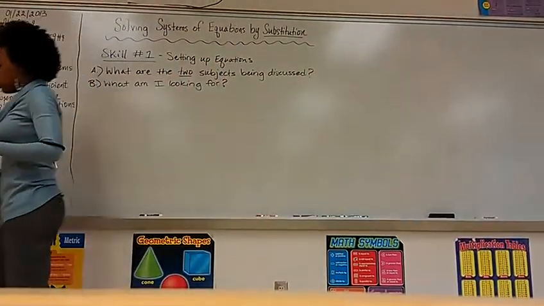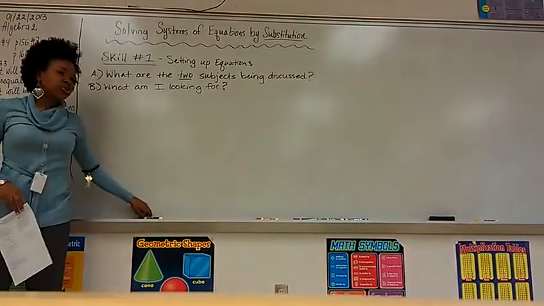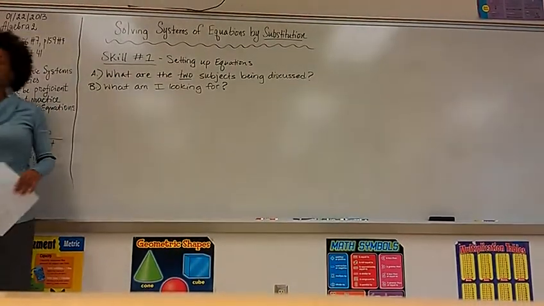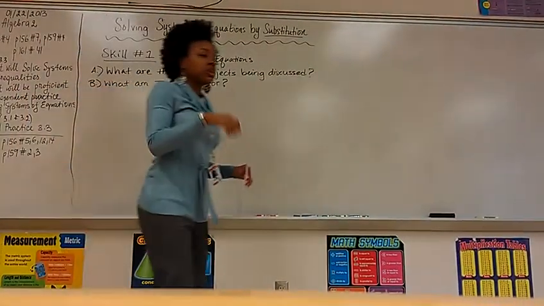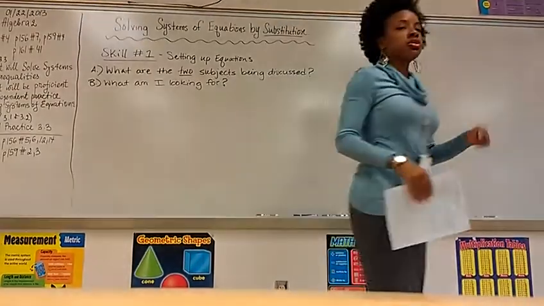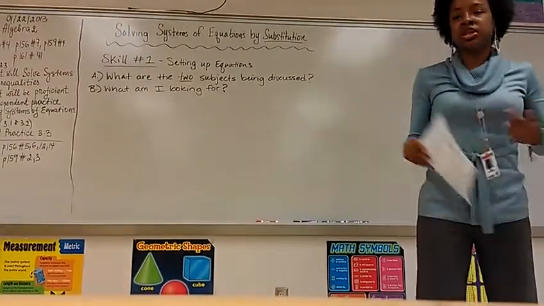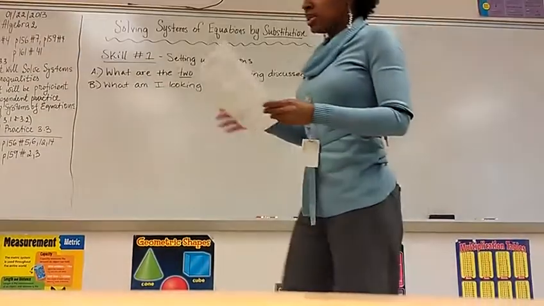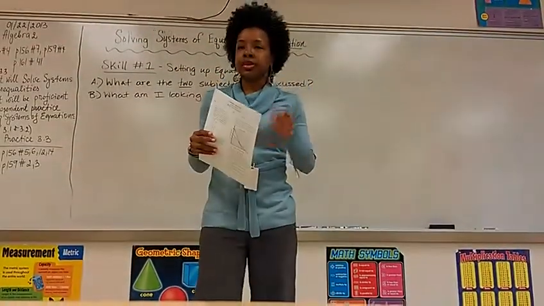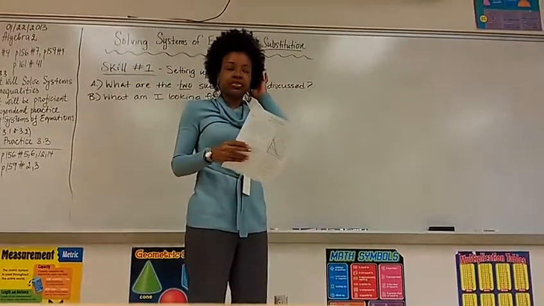Okay? So what two subjects are being discussed, and what am I looking for? So as I read question number one, I want you to be thinking about what are the two subjects that this question is talking about. Because as soon as I'm done, I'm going to ask you, and I want you to tell me. Okay? So I'm on the side that says worksheet 1. Make sure you're on the same side as me.